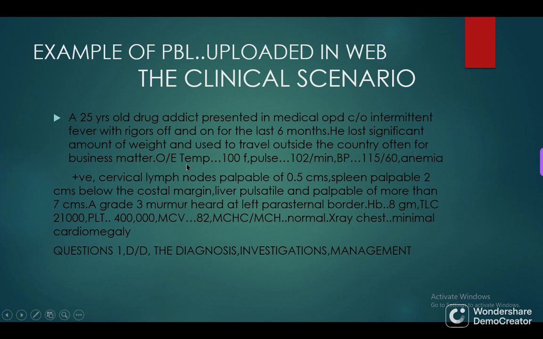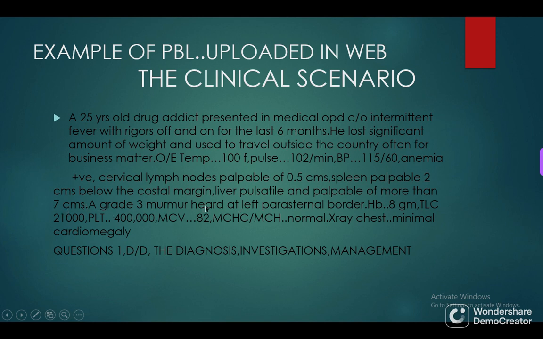On examination, temperature is 100 degrees, pulse 102, BP 115/60. Cervical lymph nodes are palpable, 0.5 centimeter, spleen palpable 2 centimeters below the costal margin, and the liver is pulsatile and palpable more than 7 centimeters.